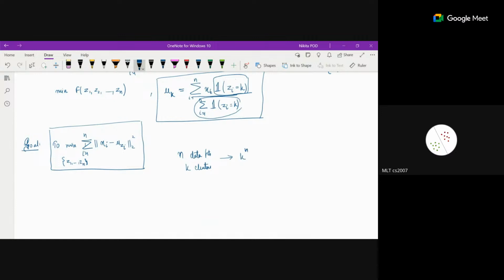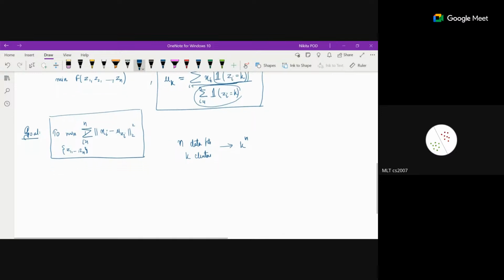If the number of data points is quite large, then this number goes up quite a lot. So there are too many possibilities to partition this data set, and due to that, solving this problem is NP-hard. We will not go into what NP-hard is, but you can think of it as not solvable in real time.